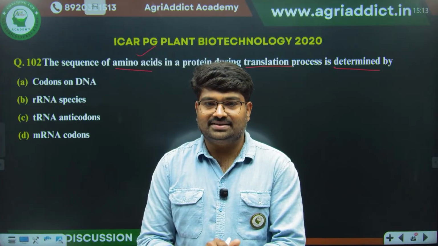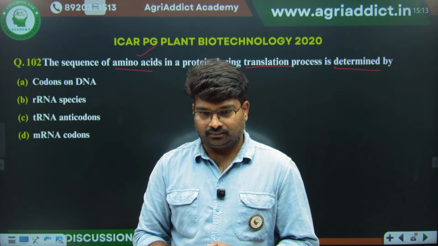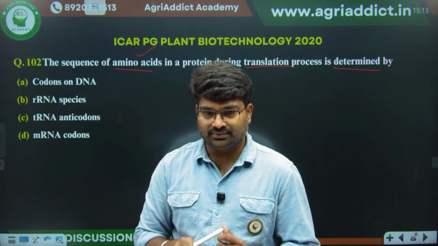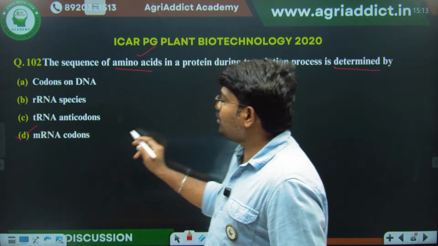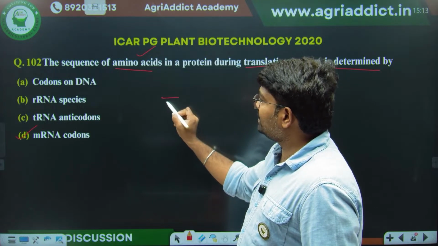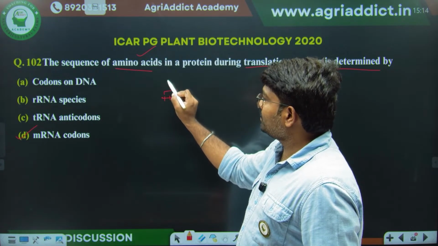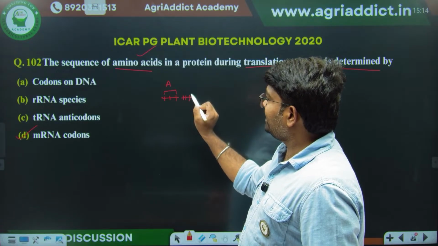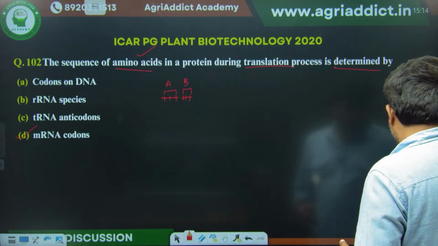What will decide the amino acid sequence in a protein? Yes, simple question. Yes, mRNA codons. We know codon means what? It's a triplet of nucleotides. This will be specific for a particular amino acid. So mRNA codons will be there.